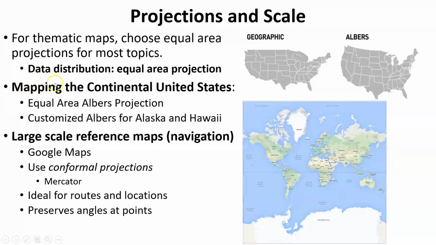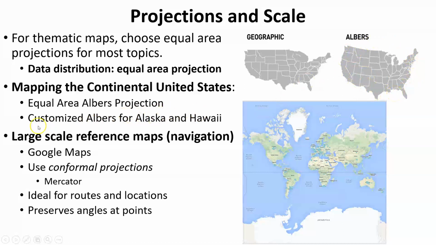So for example, when we're mapping the continental United States, when we have a geographic or no projection or plate carrée projection, the curvature of the northern United States and its border with Canada is really distorted in the no projection. So we want to use the equal area Albers projection for a thematic map including the whole United States.